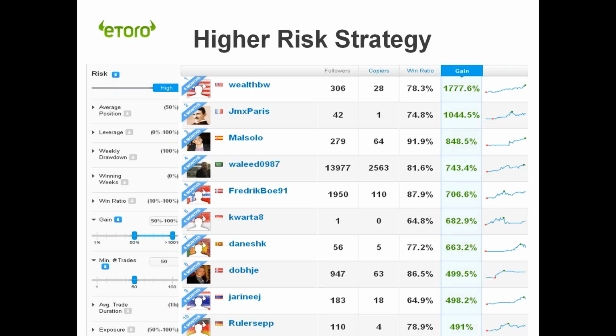Something there, you look at K Wart A8 with one follower, 682.9%. It's about six down. That went up, and then you see that green dot down. That's not exactly what you want to see. Wealth BW looks better because it's an equity graph that's going conservatively up with not too many down swings.